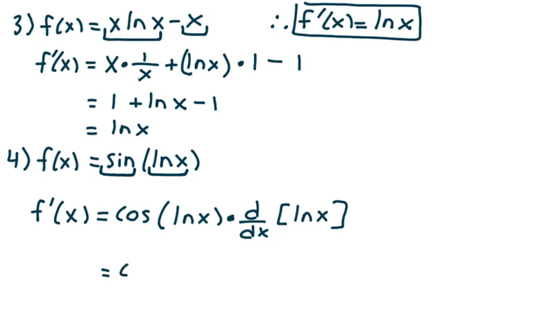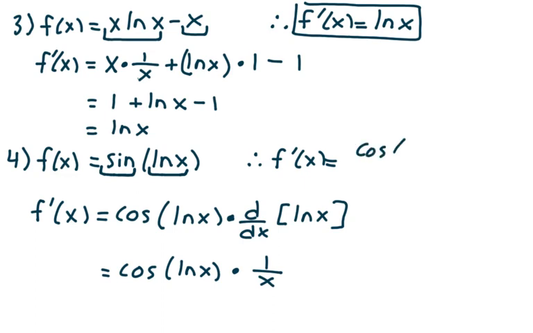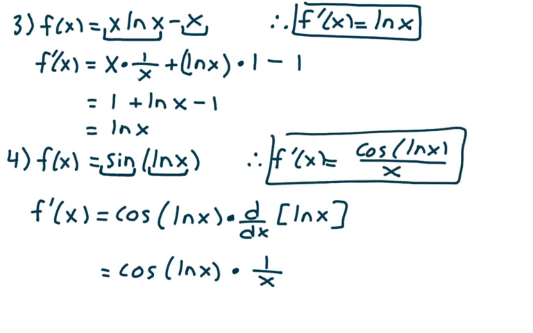And so this is cosine of natural log of x times 1 over x. And I'm done. And so therefore, f prime of x is cosine of natural log of x over x. And that's how we do example 4.